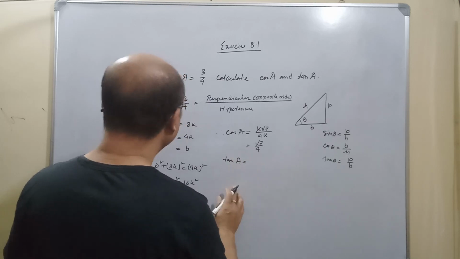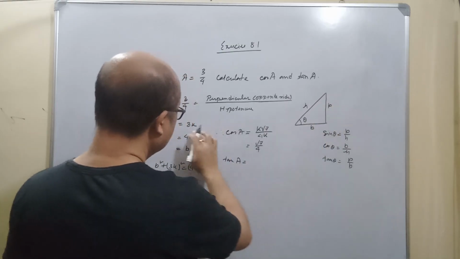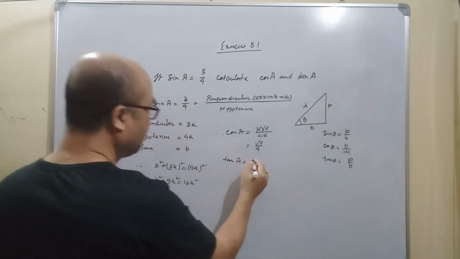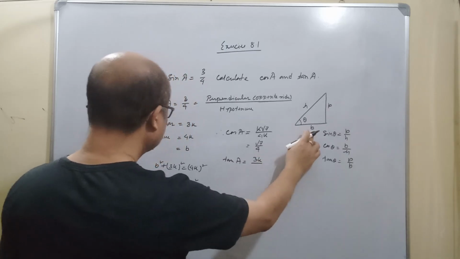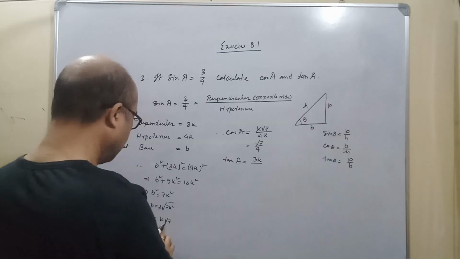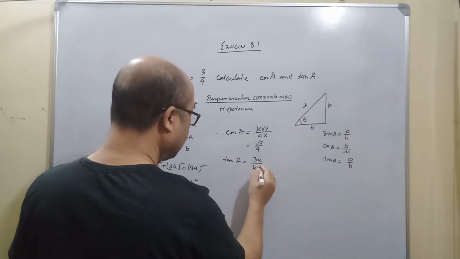And tan A is perpendicular by base. Perpendicular is 3k and base is k root 7.